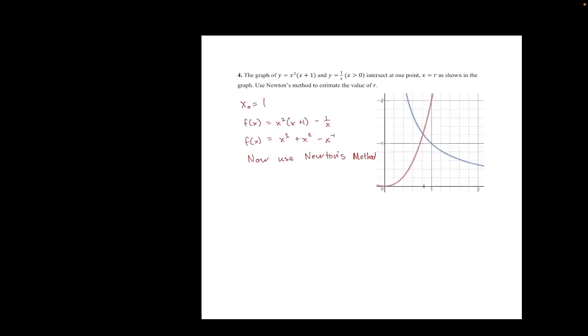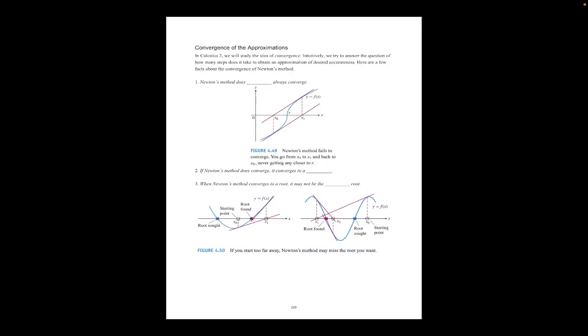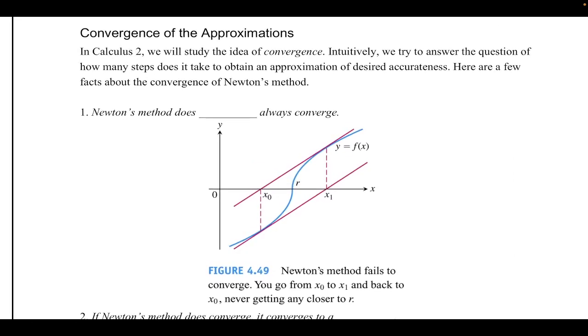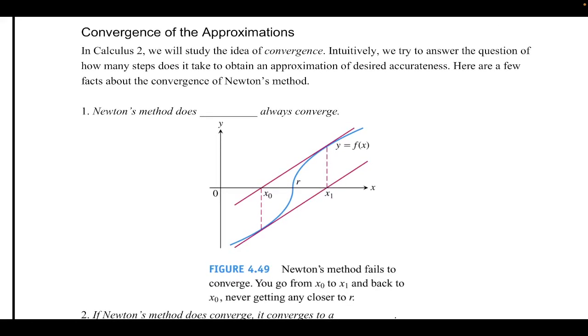Okay, now the last two things to mention are those cases where it may not play out as nicely, where you might get stuck in a loop. So this is kind of alluding to an idea known as convergence in Calculus 2. Intuitively, we try to answer the question of how many steps it takes to obtain an approximation of a desired accuracy. So here are a few facts about the convergence of Newton's method to keep in mind.